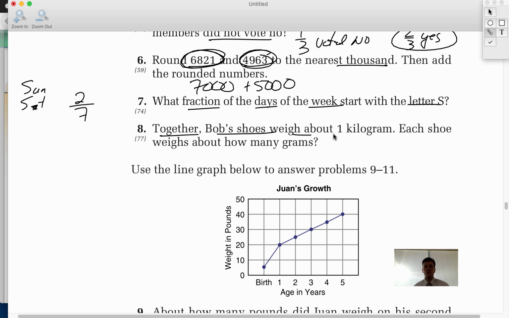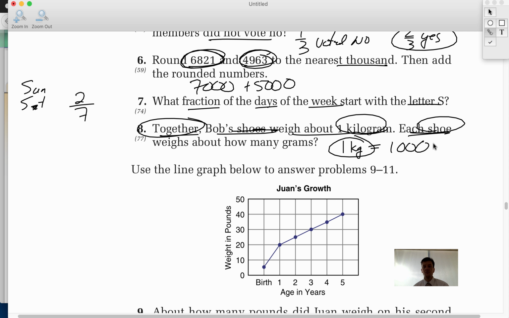Together, Bob's shoes weigh about 1 kilogram. Each shoe weighs about how many grams? Well, 1 kilo is 1,000 grams, but that's for 2 shoes. So for just 1 shoe, you take 1,000 and divide by 2 to get 500 grams for each shoe.